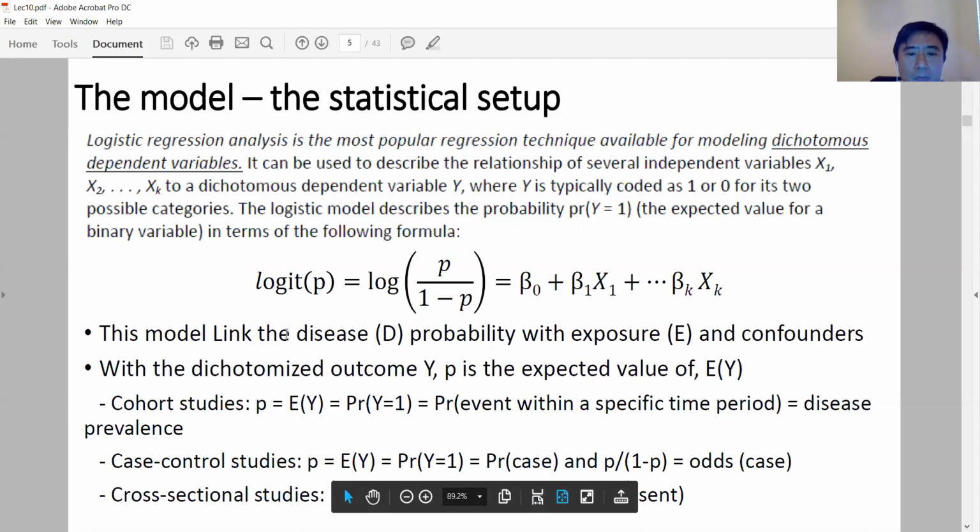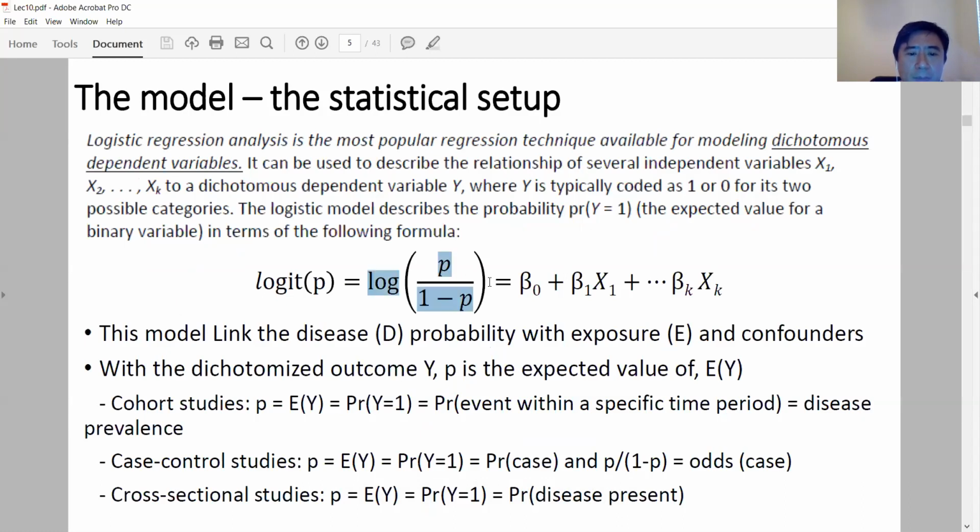And here's the model. The thing that is different from linear regression is that you're not directly modeling the expectation of your outcome y. Instead, you're looking at a function of the outcome y.